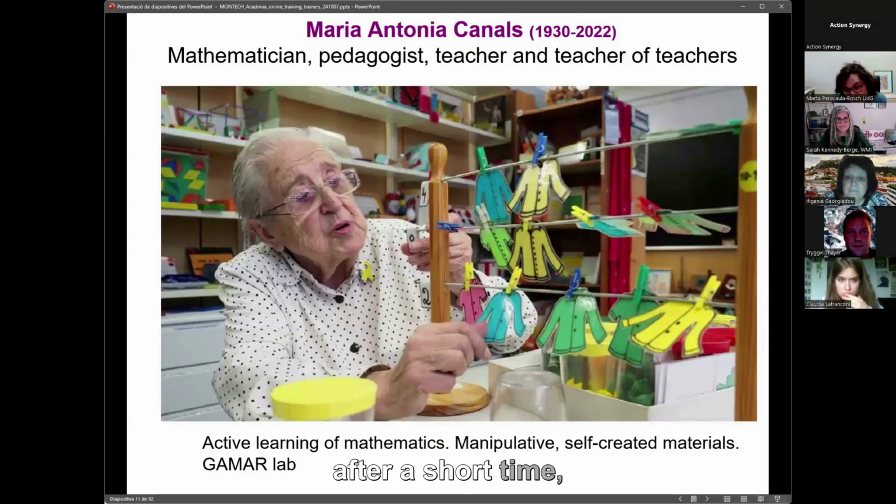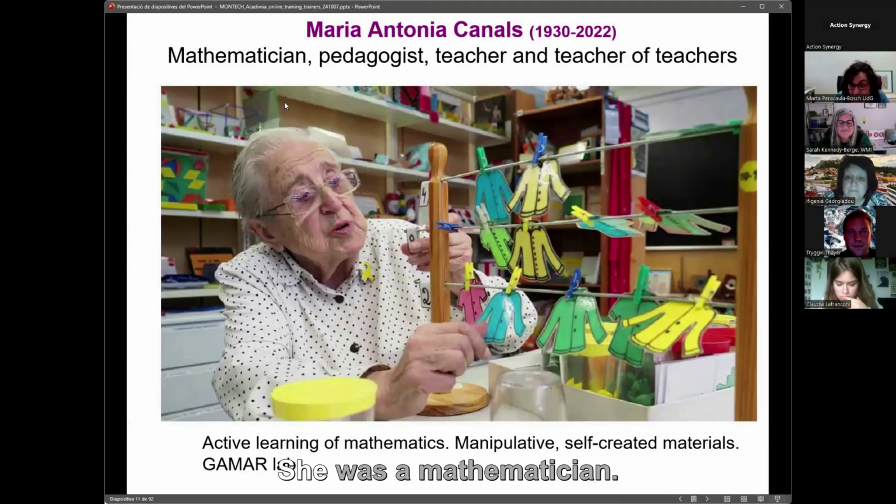after a short time, we learned about Maria Antonia Canals. She was also a professor at our university, but our university is big and she was already retired. We didn't know her, but we soon learned about her, and we met her and learned a lot about her with her.